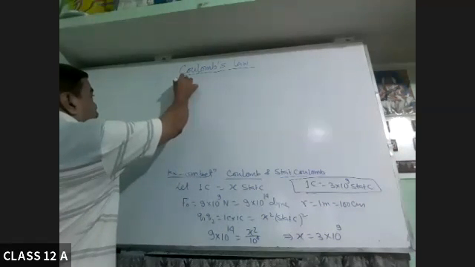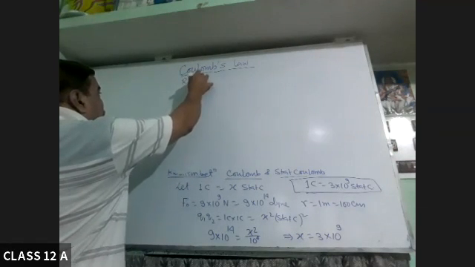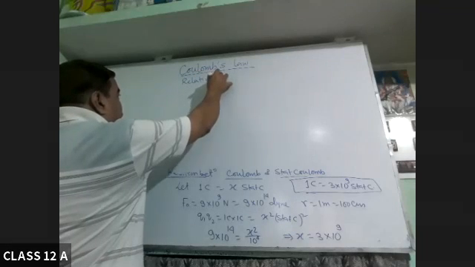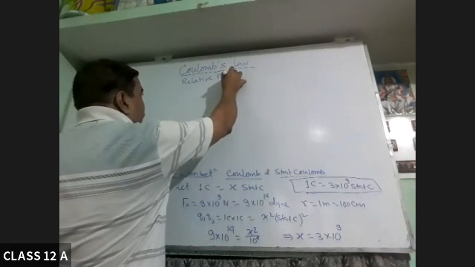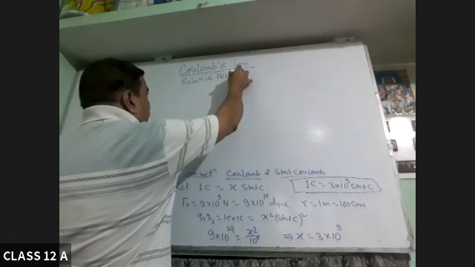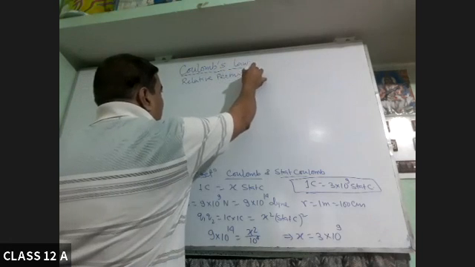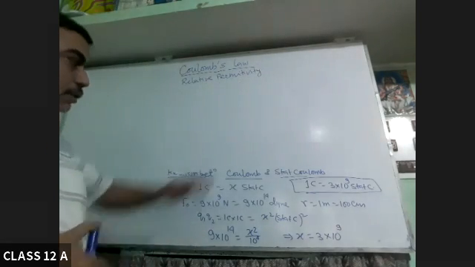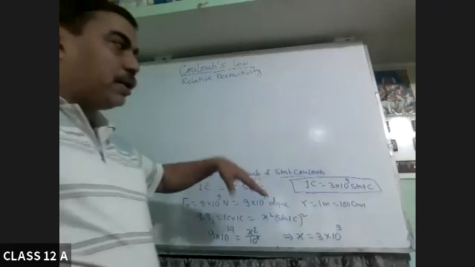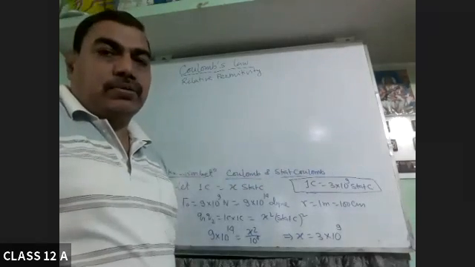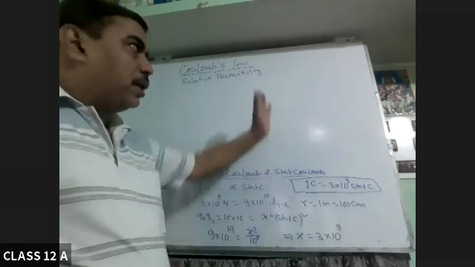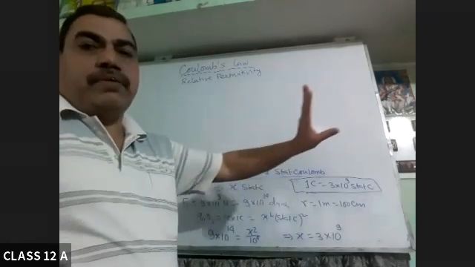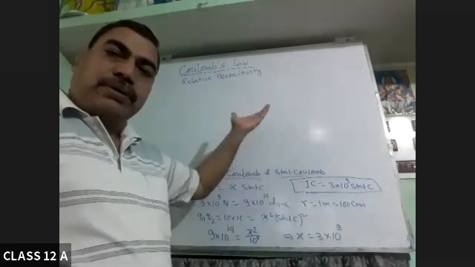The other term is relative permittivity. Whatever we are discussing, a similar term will come in the case of magnets also. That is, two pole strengths will be given, and the force of attraction or repulsion is the same thing.